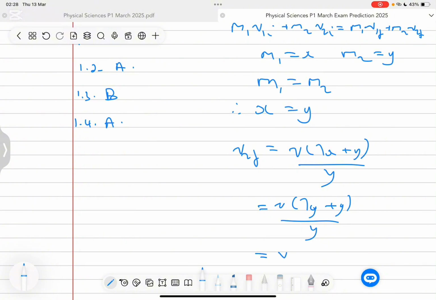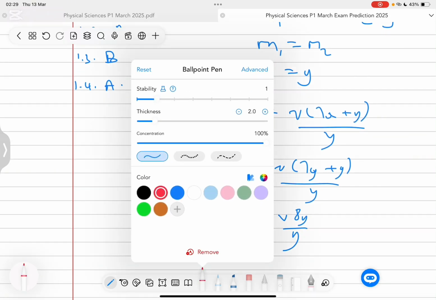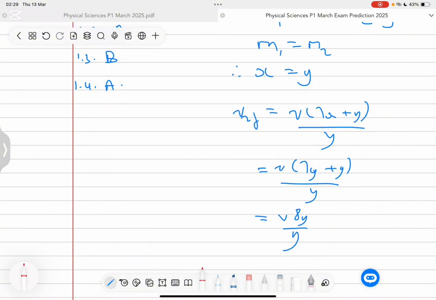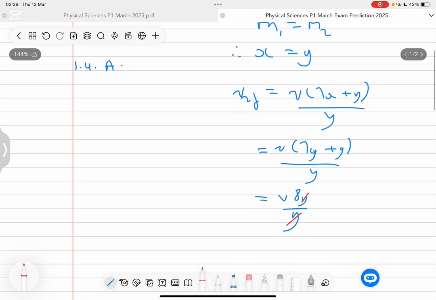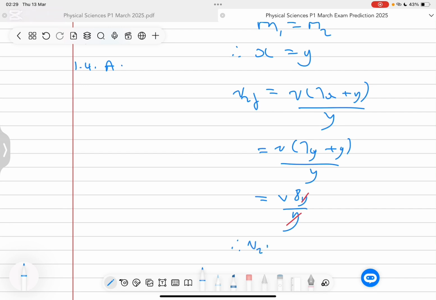Now this would mean I have a v, and 7y plus y should give me 8y, and I'm still dividing here by a y. You can see clearly that the y and the y would cancel, and at the end of the day, I'm only going to be left with V2 final to be 8v.